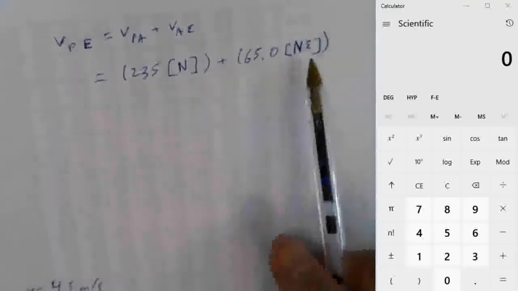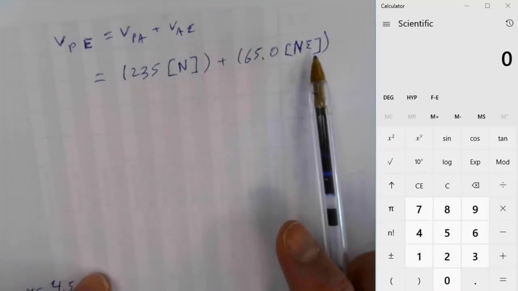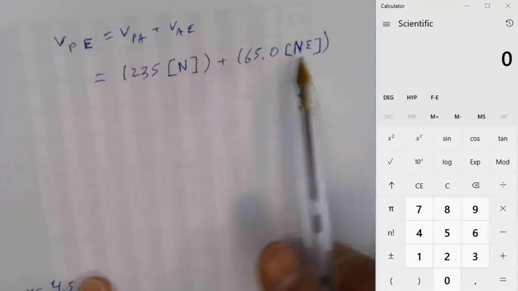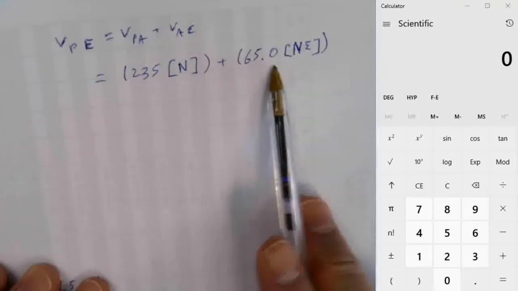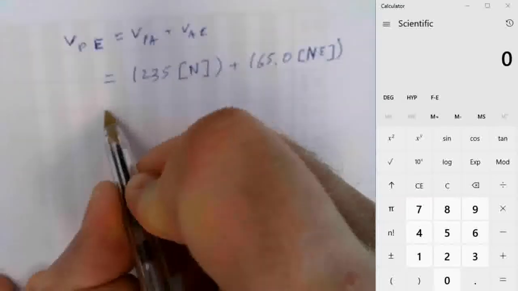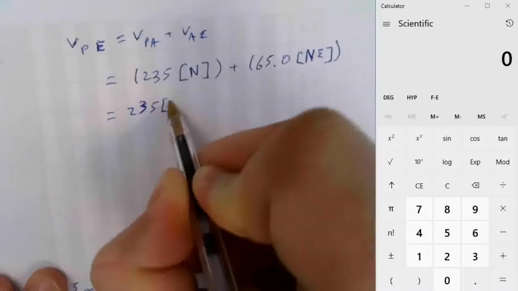If it's directed towards the northeast, that means there is an angle of 45 degrees, and we can break this into components by finding the cosine of that angle and the sine of that angle, but because it's the same, it'll be the same value. So I'll do that now. 235 to the north.